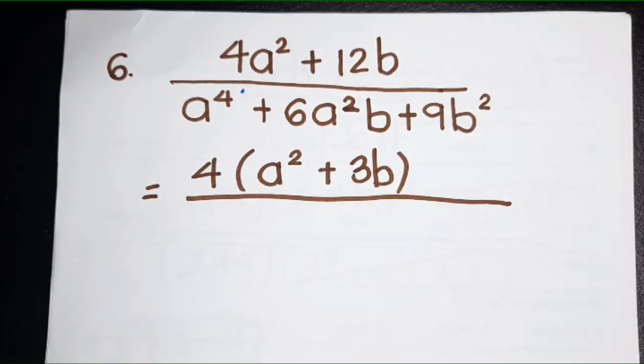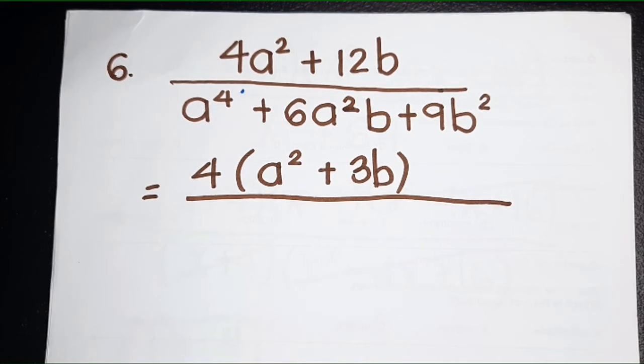Okay, what about our denominator? What are the factors of this trinomial? Yes, we have a trinomial again. So you may want to make use of trial and error or any methods that you know on how to factor trinomials. Okay? So actually, if you inspect closely, this is a perfect square trinomial.